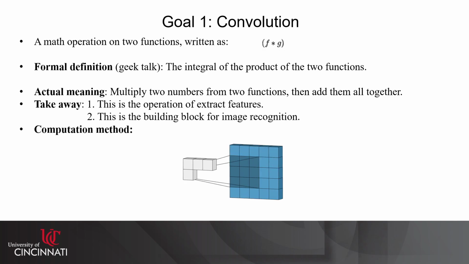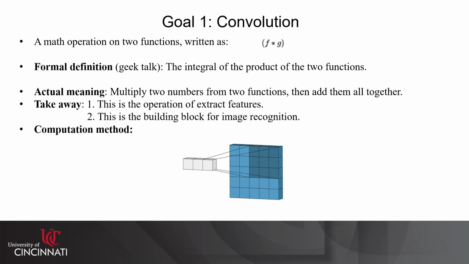What that really means is we take values or numbers from two different functions. We first multiply them and then add them all together. That's it. That's the convolution. It's just basic convolution.